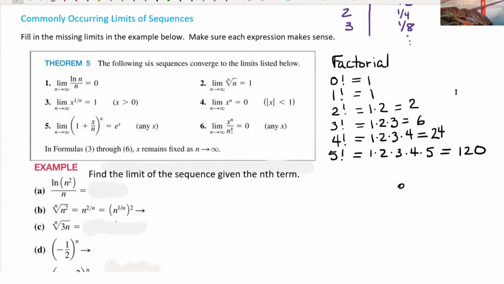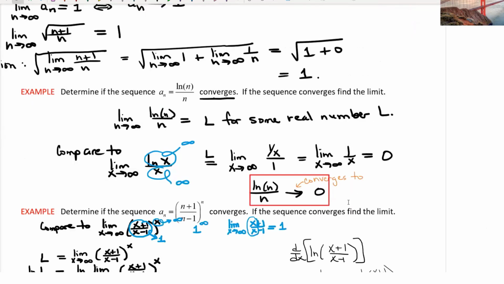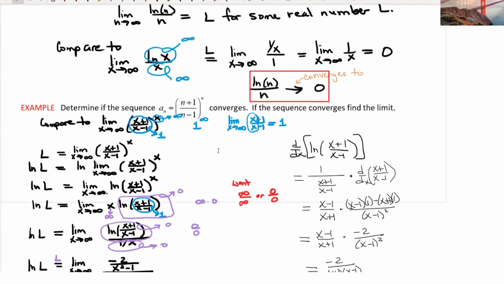There are certain sequences that come up a lot, and we can use them to help us with other sequences and problems. So there are 6 formulas right here that you should be familiar with. First of all, we proved that the natural log of n over n converges to 0 just a few minutes ago.